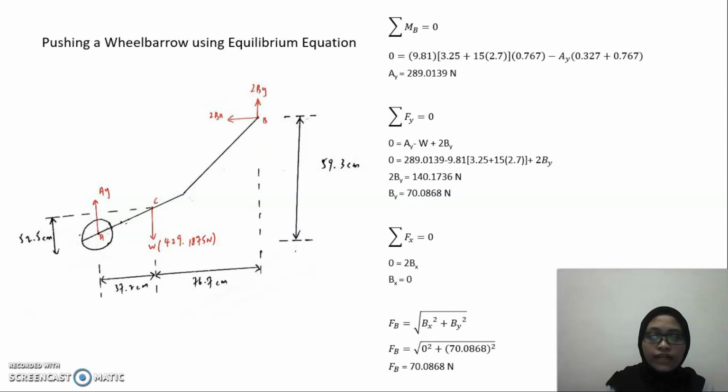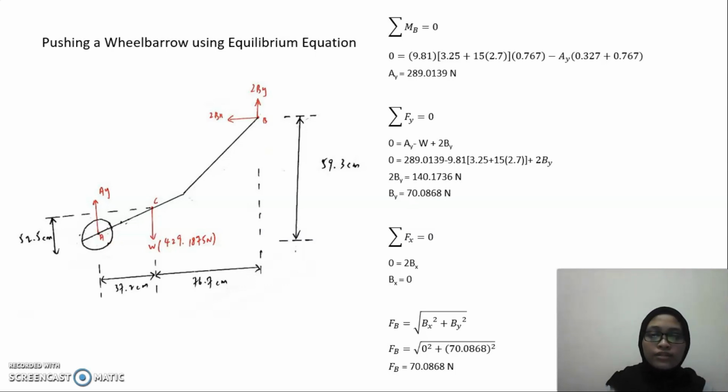So after that, to calculate the sum of moments we take the value of W times its perpendicular distance, which is 0.767, minus Ay times its perpendicular distance, which is 0.327 plus 0.767, and from that we got the value of Ay is equal to 289.0139 Newton.